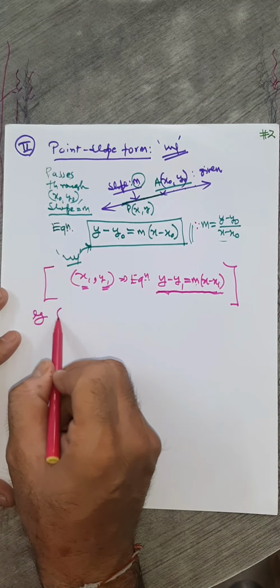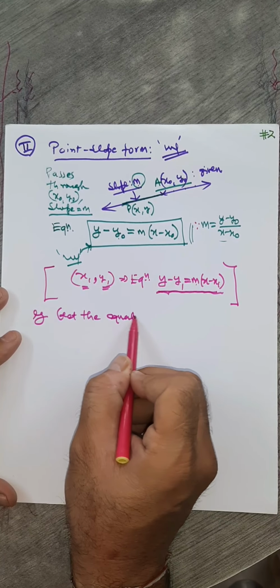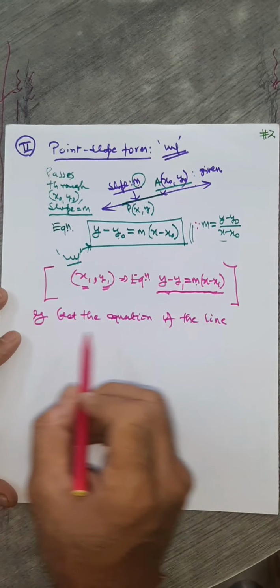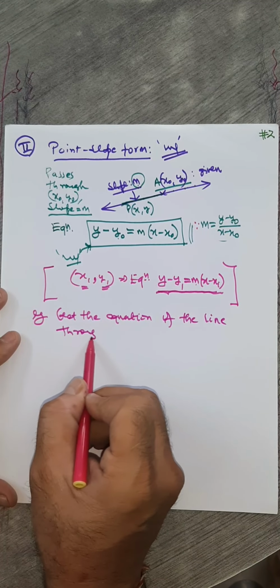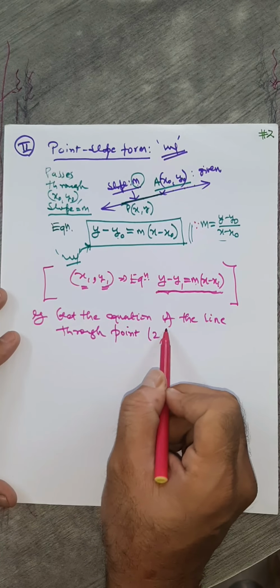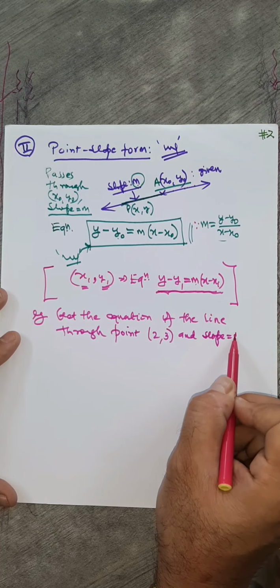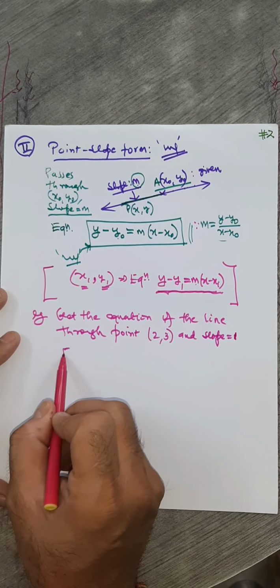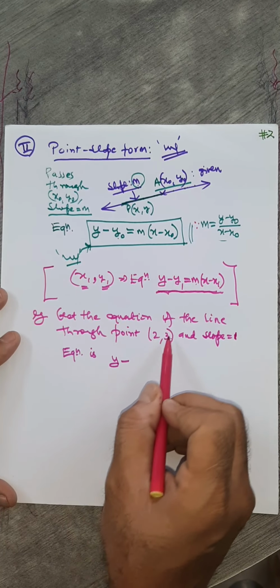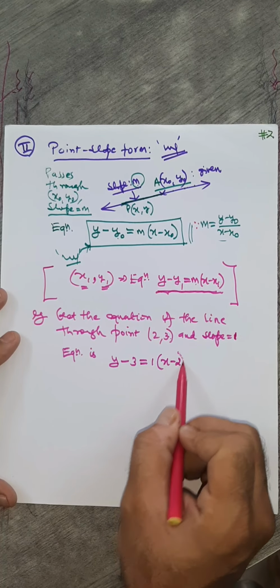For example, my question is: get the equation of the line, line means straight line, through the point 2 comma 3 with slope equal to, let's take, 1. So the equation will be this. This is x0, y0. y minus y0 equals slope into x minus x0.